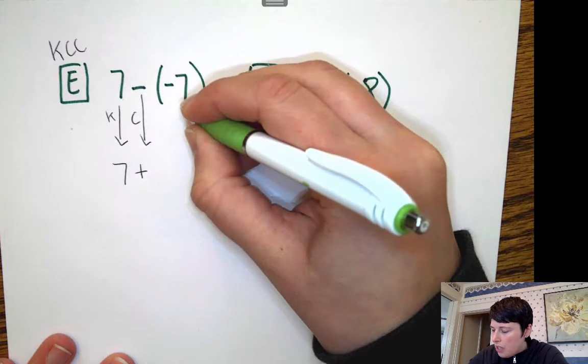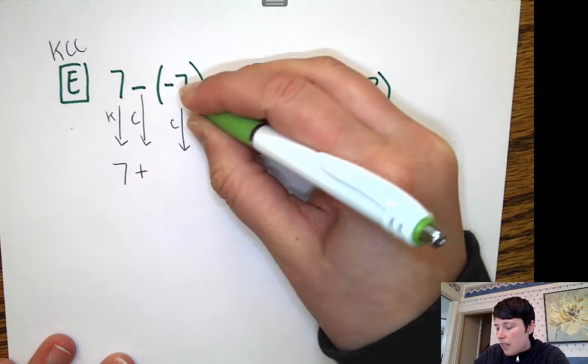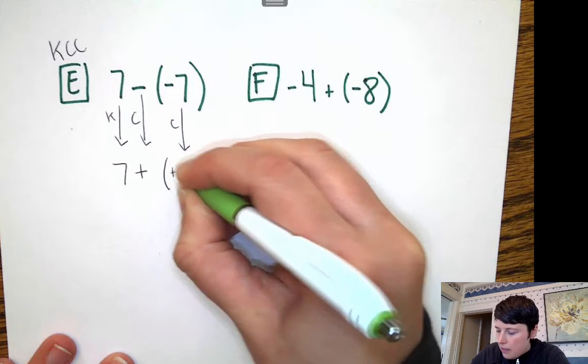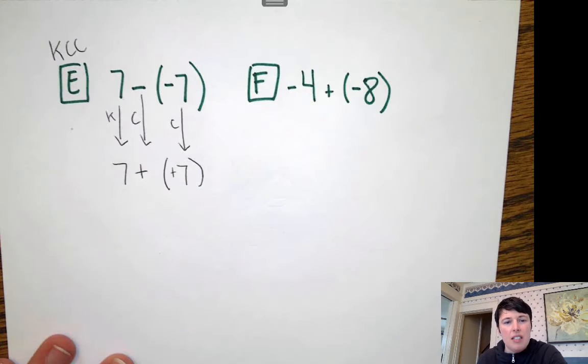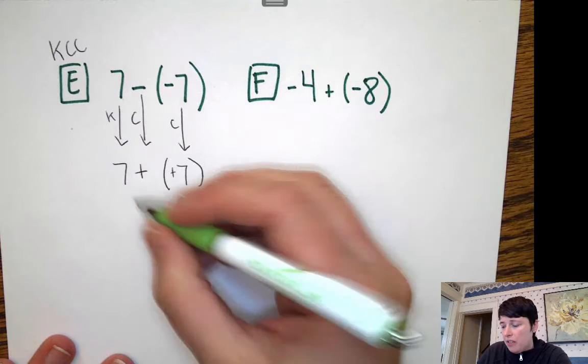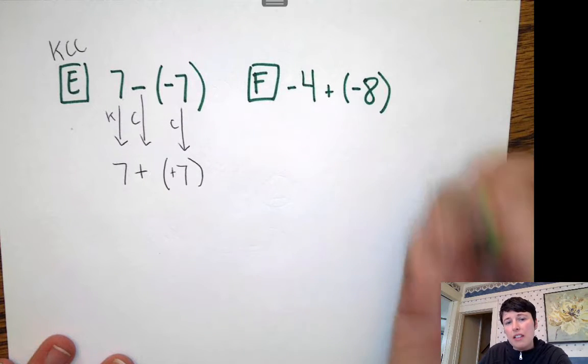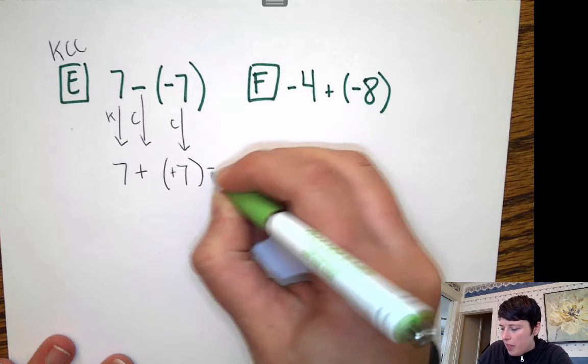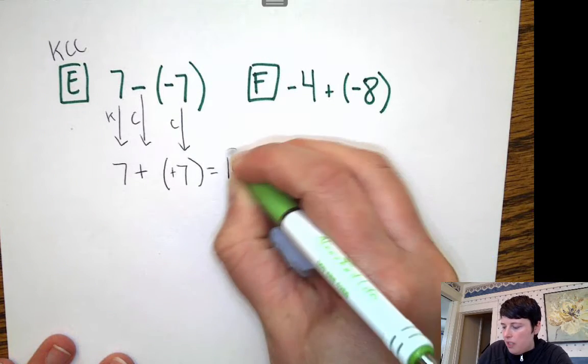And we're going to change the -7. -7 is now going to turn into a +7. And we're left with this, 7 plus +7. Well, I know 7 plus +7 is same signs. They're both positives. So I'm going to do same signs, add and keep. I'm going to add them up, keep them positive, and the answer is 14.